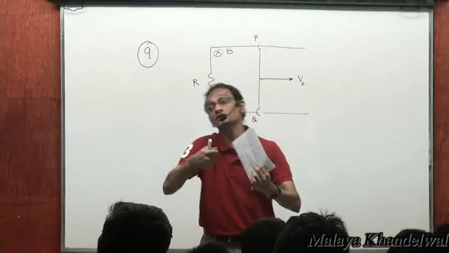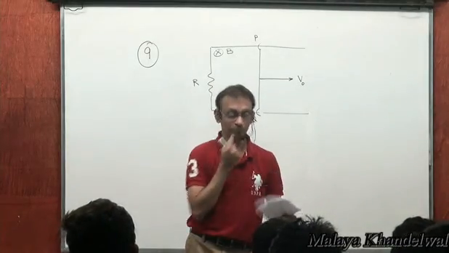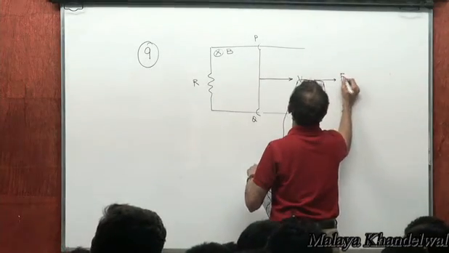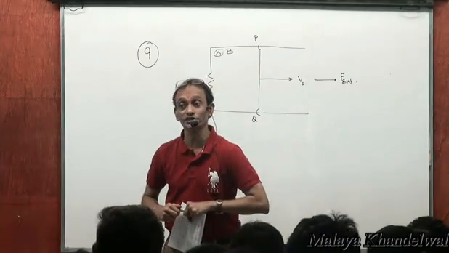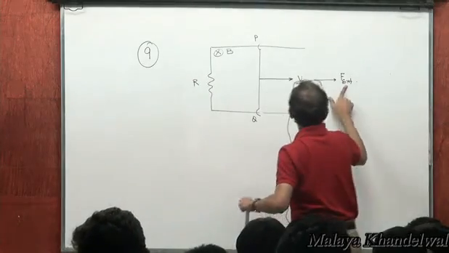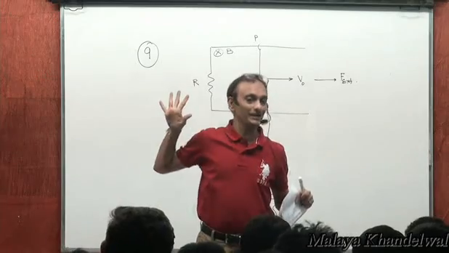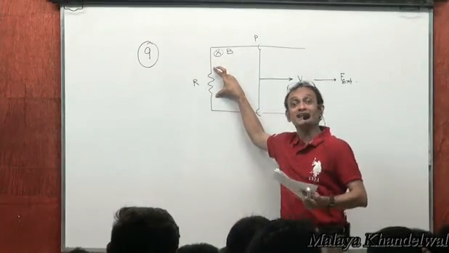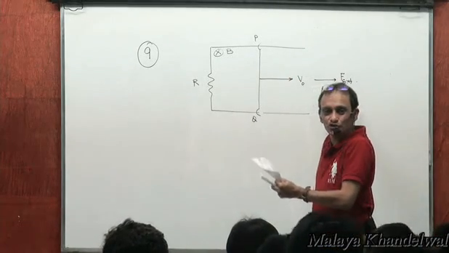Okay, there is an external agent pulling it with a constant velocity V naught. If an external agent is pulling it with a constant velocity V naught, that means no part of the power that the external agent is supplying goes towards change of kinetic energy. That means F external into V naught goes completely into Joule heating. So the thermal power dissipated here is entirely at the behest of the external power provided by the source.